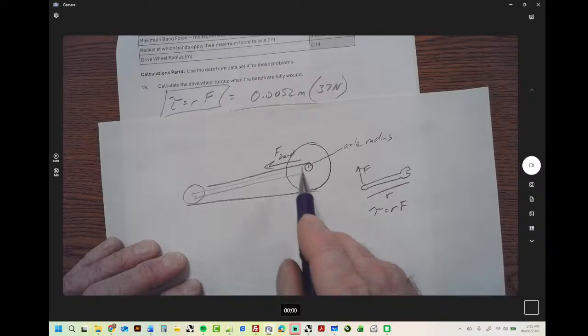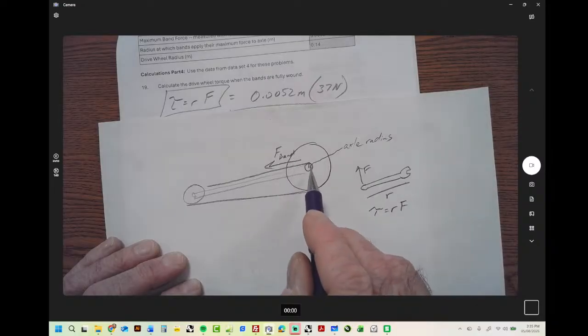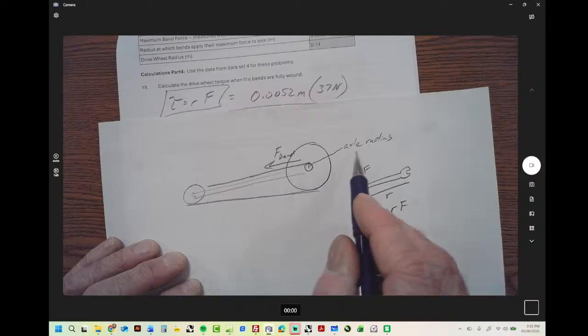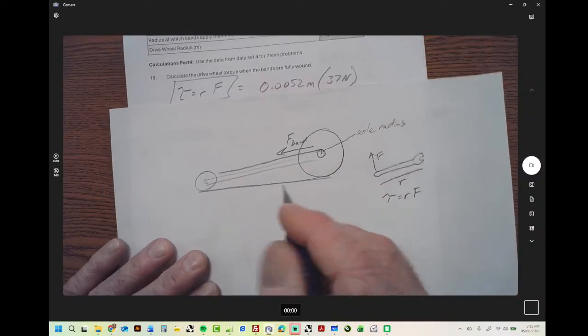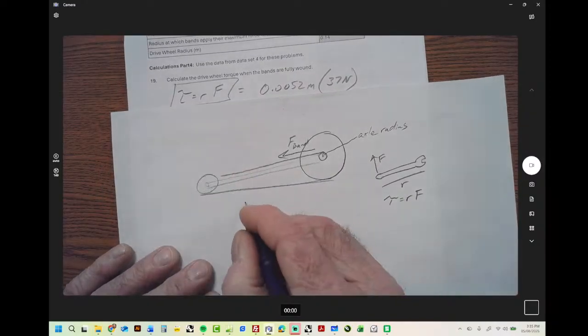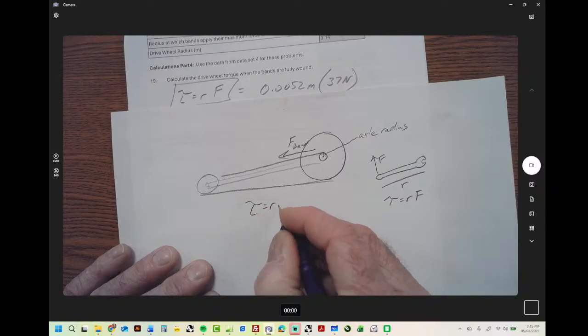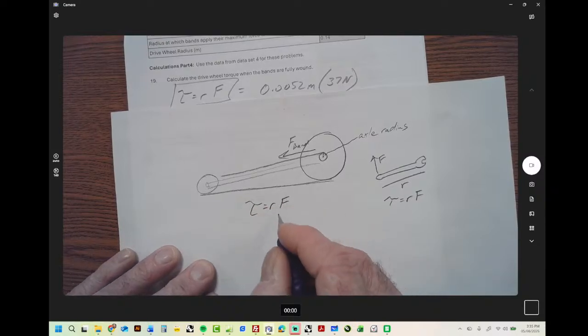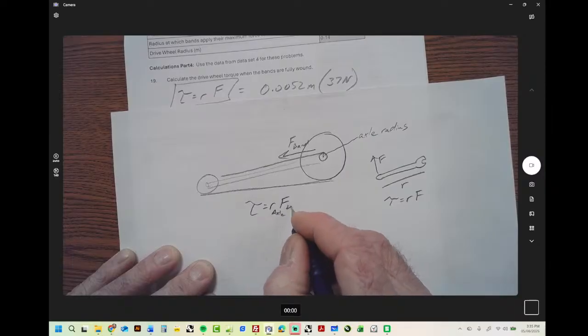So in this case, the force is the force of the bands, the radius is the axle radius. So for this first part, the torque equals RF, where R is the axle radius and F is the bands.